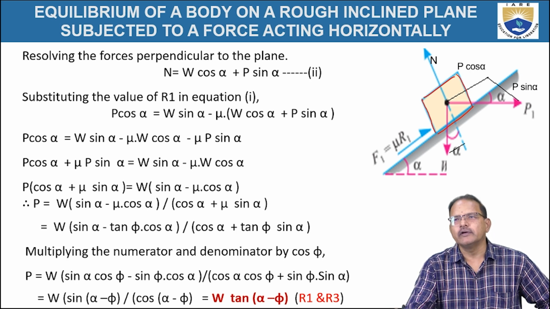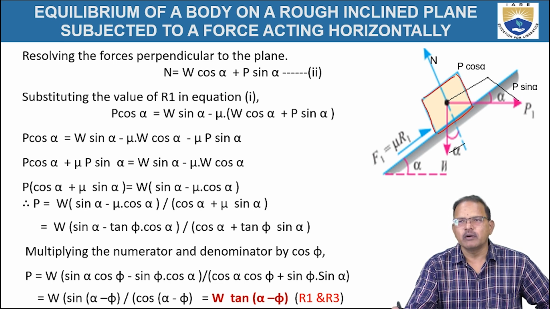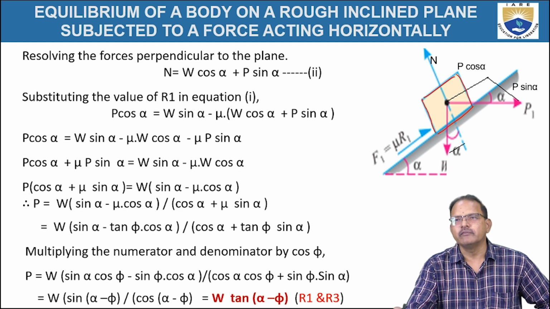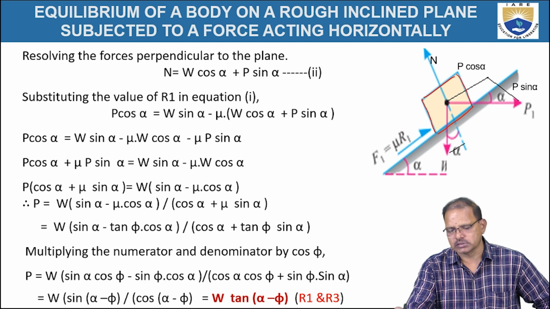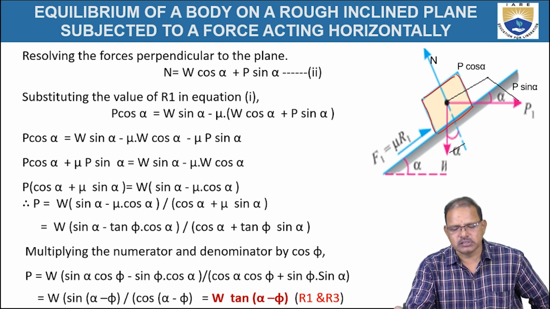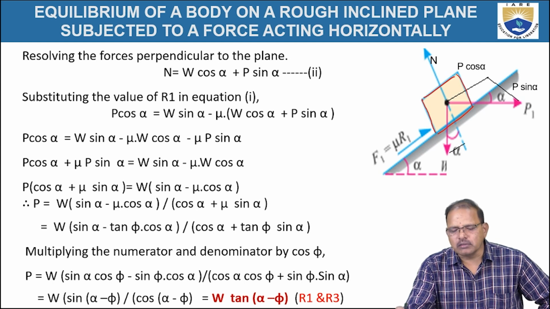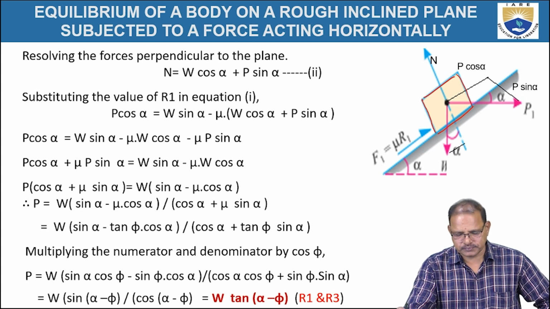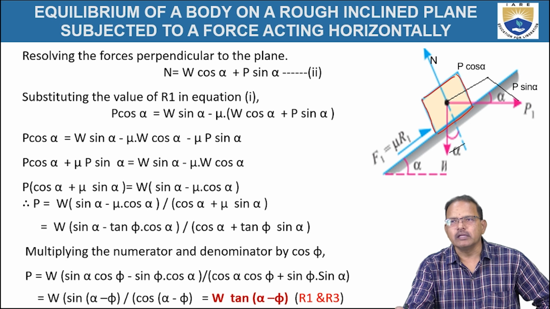When alpha is greater than phi, that means without the application of the force, the body tends to move in the downward direction. Hence, P is the force which is preventing its motion in the downward direction. So it is now in equilibrium. In these conditions, what is the minimum value of P required?